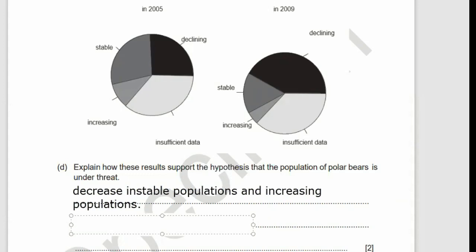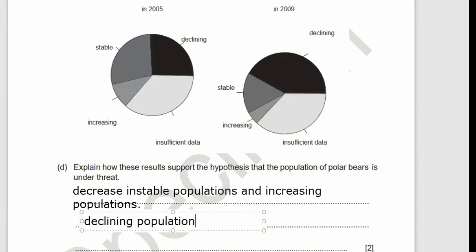What do we have an increase in? Look, there are more areas in the Arctic which have less polar bears. So what we would say is declining populations are increasing. And that will get us our marks. And the areas for insufficient data is pretty similar. All right, let's move on.